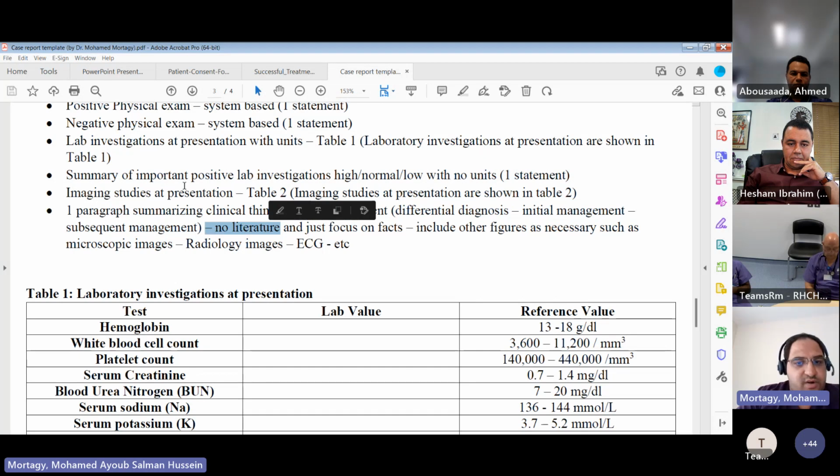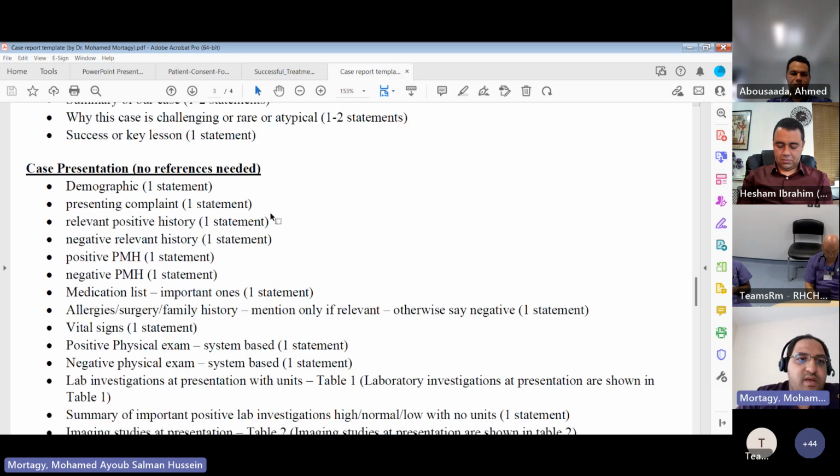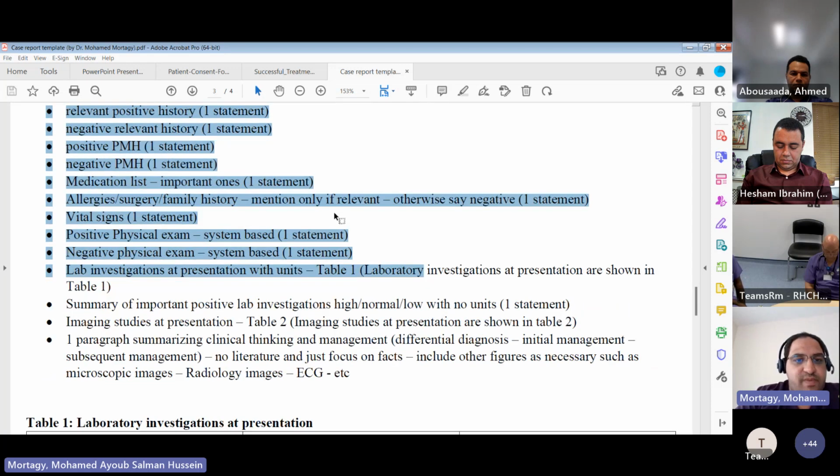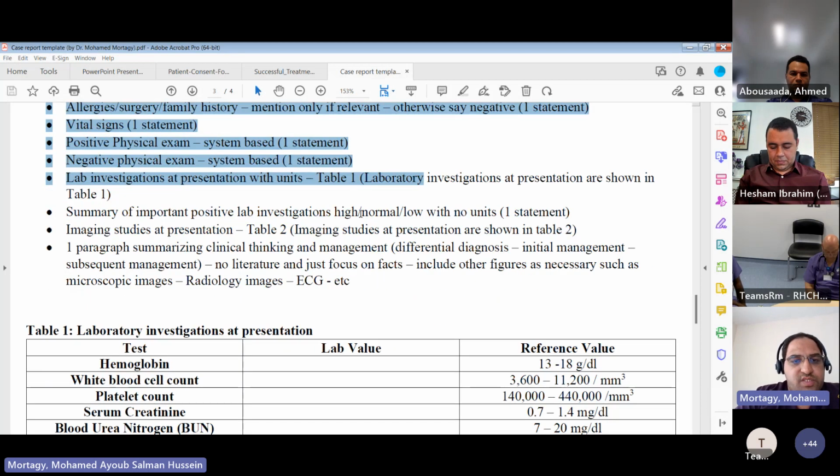No literature, don't include any references, just focus on the facts, include figures like we said, ECG as well, one big one. So this case presentation is the core of your case report, and it should reflect what you think as a clinician and how you approach the patient and how you manage. And if I read this, I should know where you're heading towards your discussion later on.